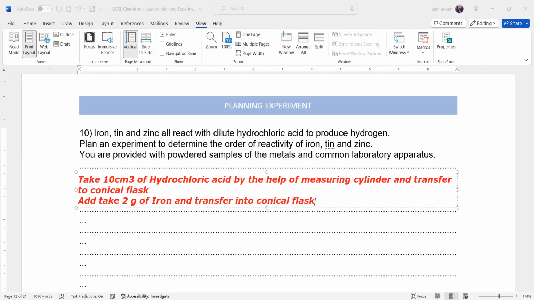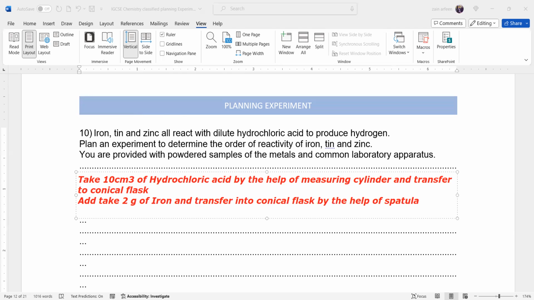How can we transfer that into a conical flask? By the help of a spatula, because whenever you're transferring a solid, you should use a spatula.